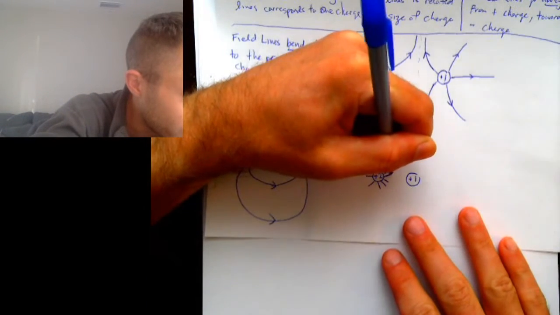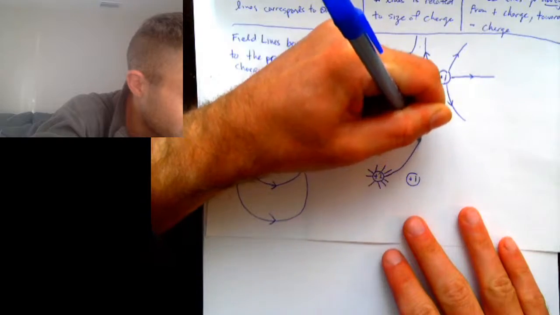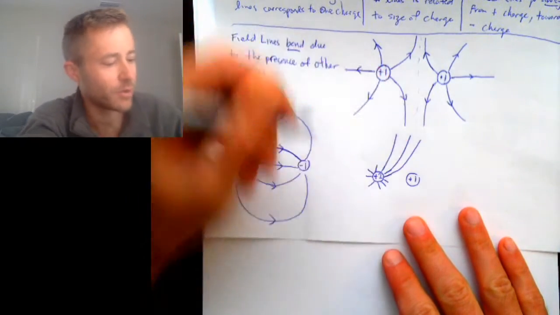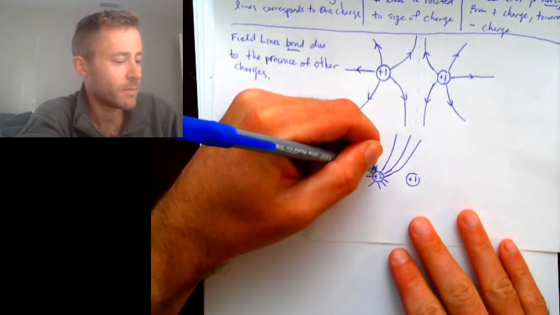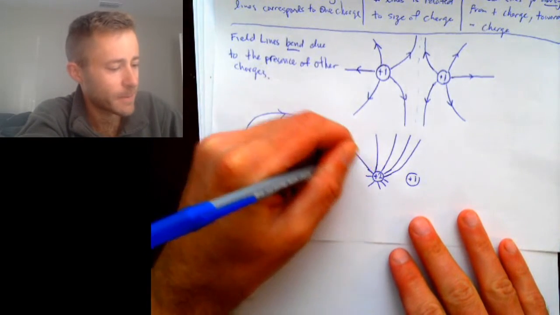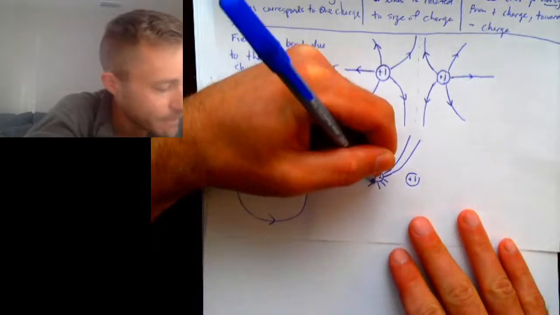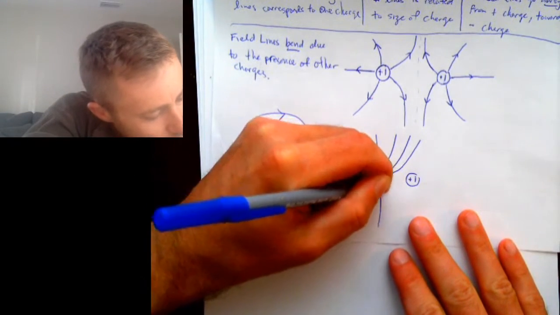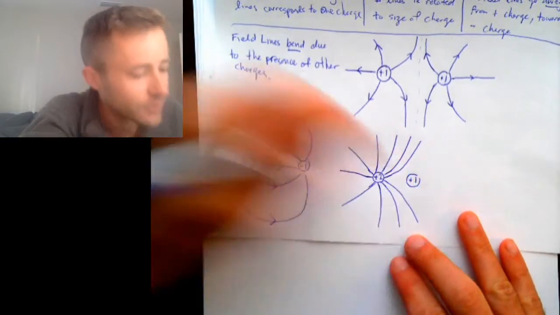So the lines will go out and then start to bend only after they get pretty close. Like this.